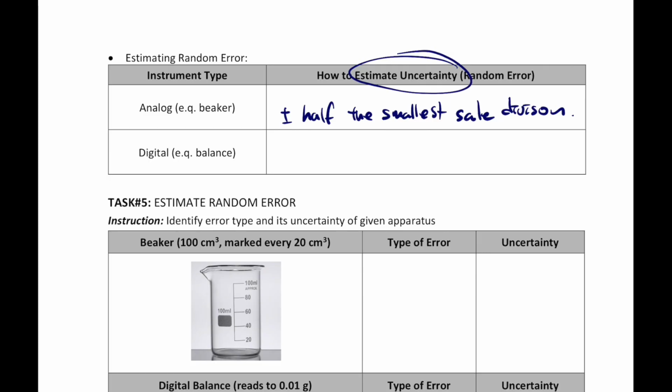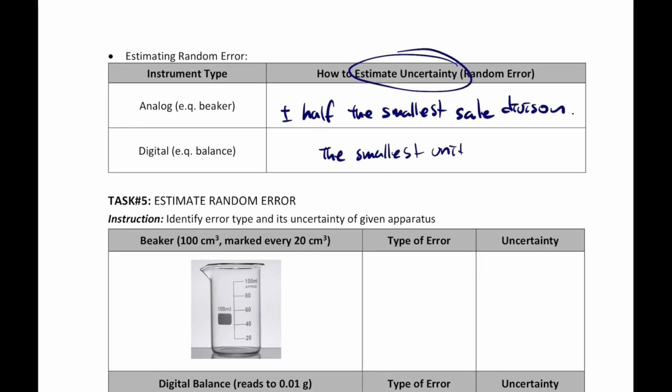And when you're using a digital instrument, something like a digital balance, the smallest unit displayed by the instrument is your uncertainty, and you always put the plus minus in front of it. Don't forget, we are measuring the uncertainty for the random error, so we always have to display the plus minus sign in front of your uncertainty.